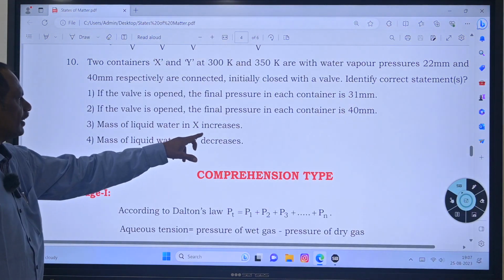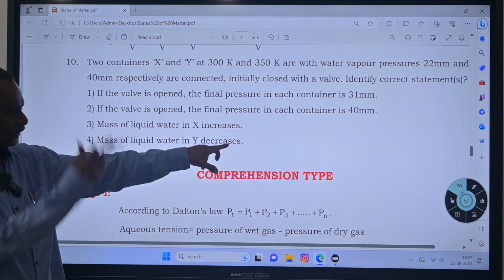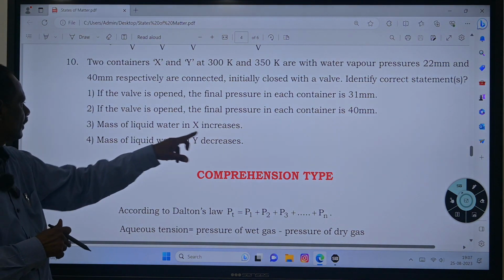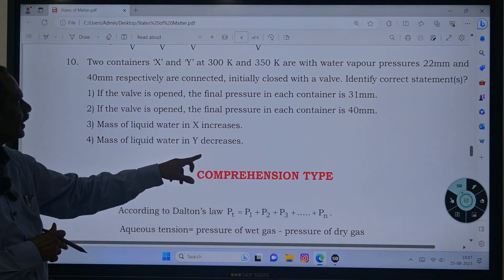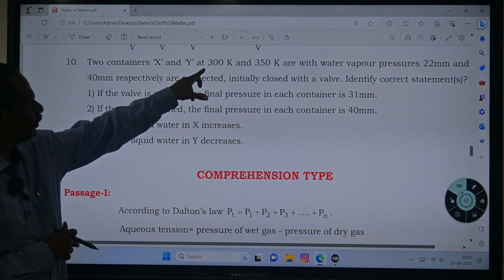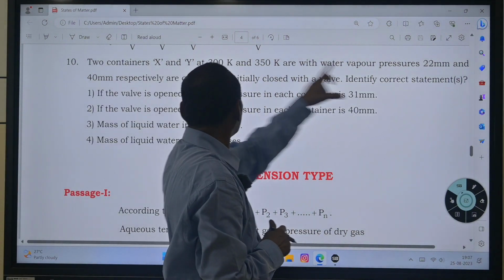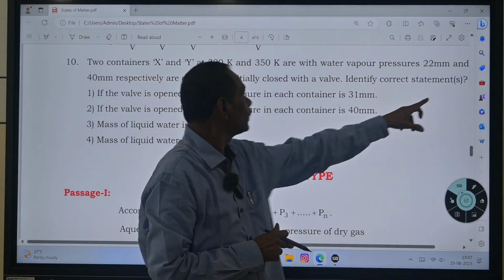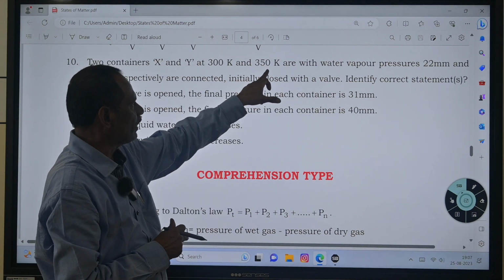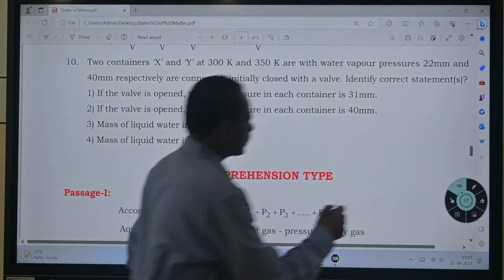Mass of the liquid water in X increases. We have taken A and B, here X and A. And the mass of the liquid water in Y decreases. X is at 300 kelvins, 22 millimeters. Y is at 350 kelvins and 40 millimeters.